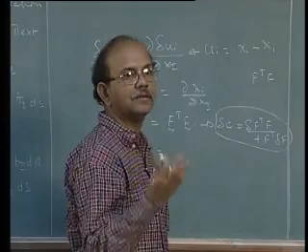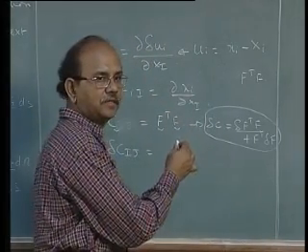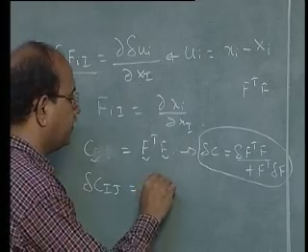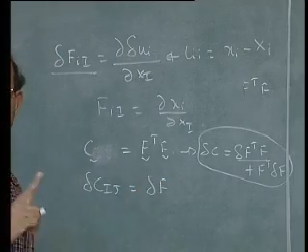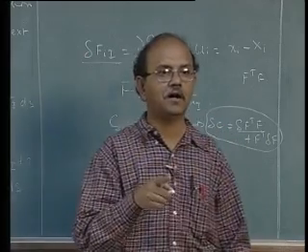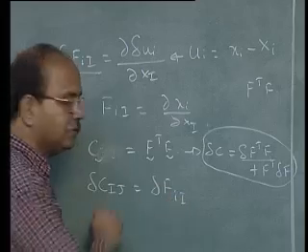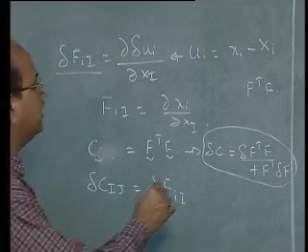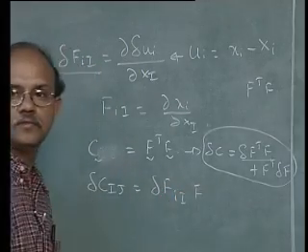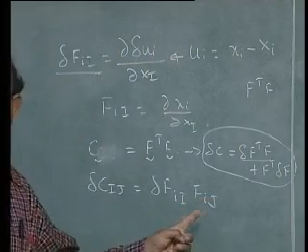Delta F transpose F can be written as delta F, so will it be IK Kj, say for example F Ij, right?